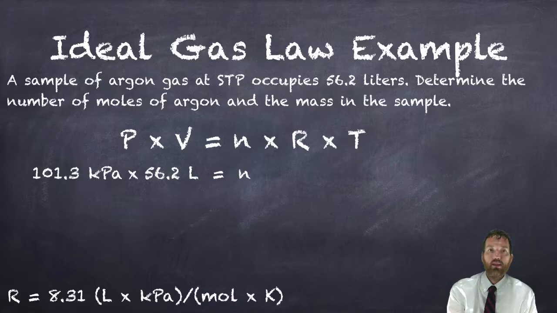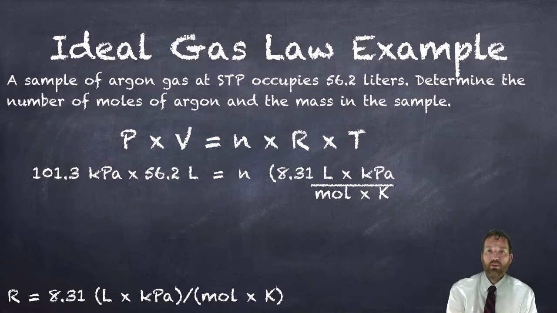We'll plug in the ideal gas constant, or R, next. You can see in the bottom that's given to us. It's 8.31, and then all of those units. And lastly, we are going to multiply by the temperature, and they say that we are at standard temperature. So standard temperature is 0 degrees Celsius, or 273 Kelvin.